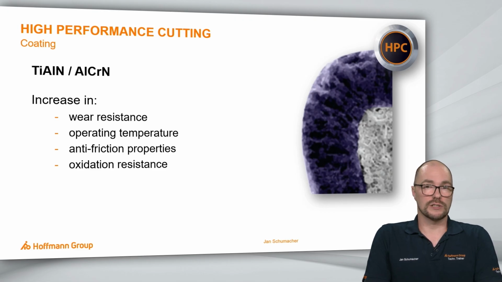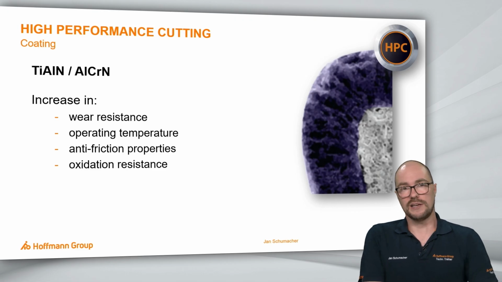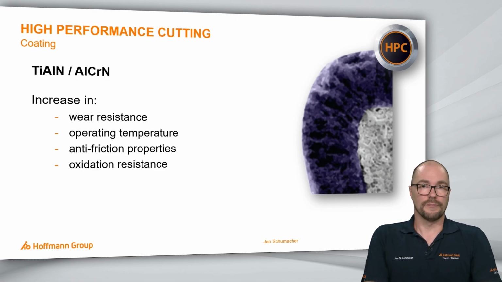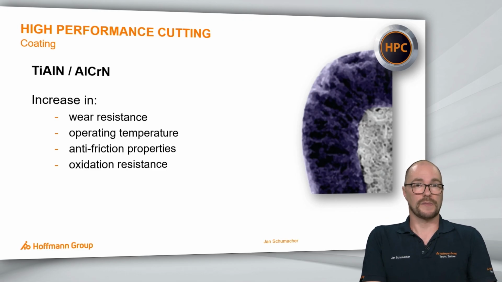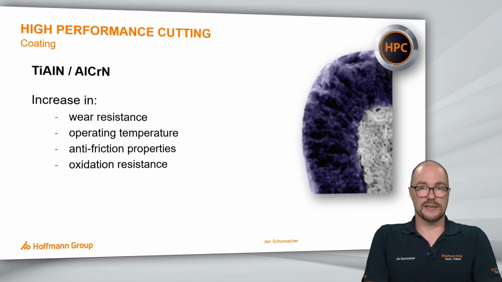We don't want chips sticking on our flutes, so anti-friction properties are important as well. And if we want to use our tools in high temperature, we need some oxidation resistance, which is usually taken care of by additional layers in those coatings. So titanium aluminum nitride is usually just the wear resistance layer. We have other functional layers as well.